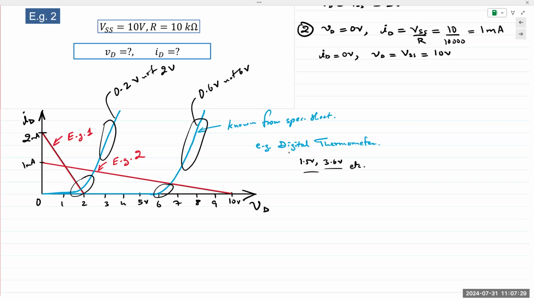So the question being asked is, if you have 2 or more diodes in the same characteristic. So wait, you know what, let me go ahead and fix this.